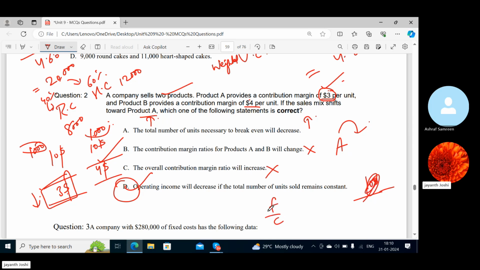Fixed cost by contribution. Let's say fixed cost is $1,000. So your operating income is less here, it is more. 250 and 333 something, right? So total number of units to break even will increase or decrease? Increase. So this is a wrong statement. Shall we move forward? Yes.